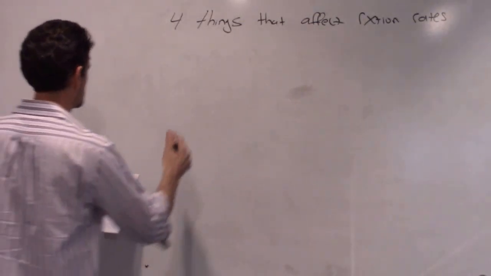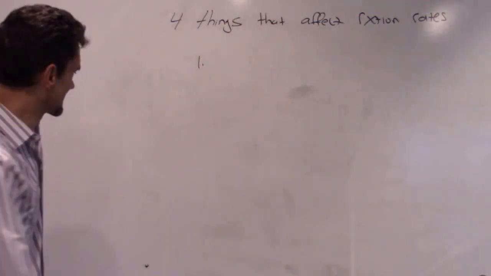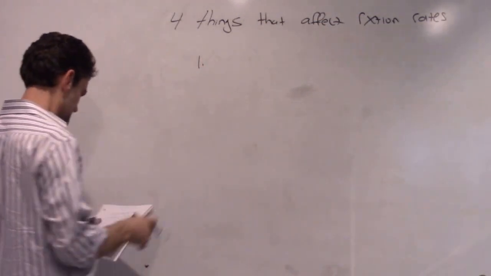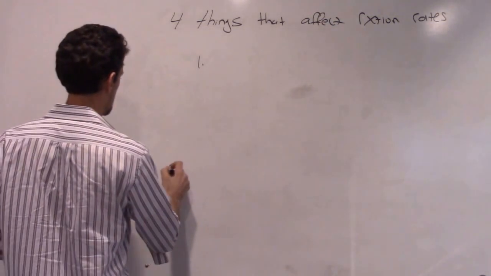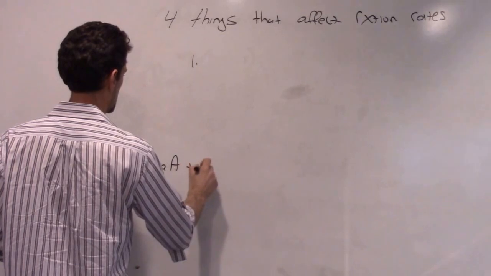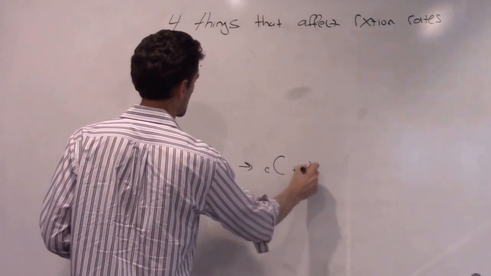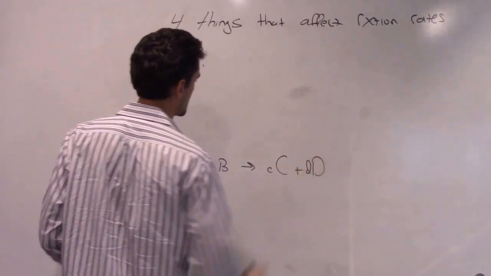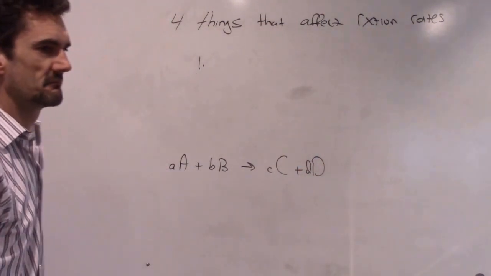All right, first thing. Let's just take a look at it. Let's just make it generic, A plus B goes to C plus D. It's just a made up reaction.